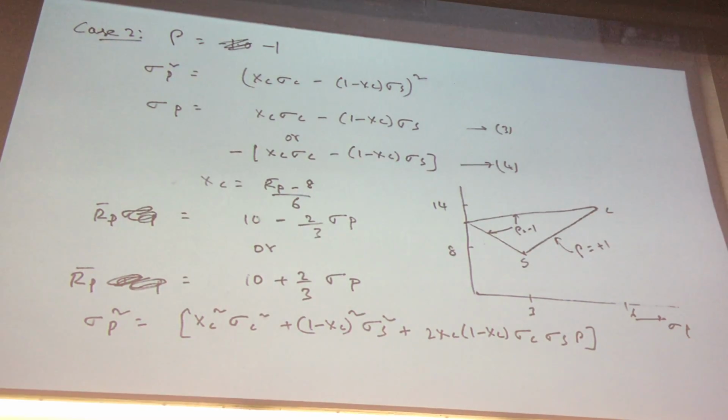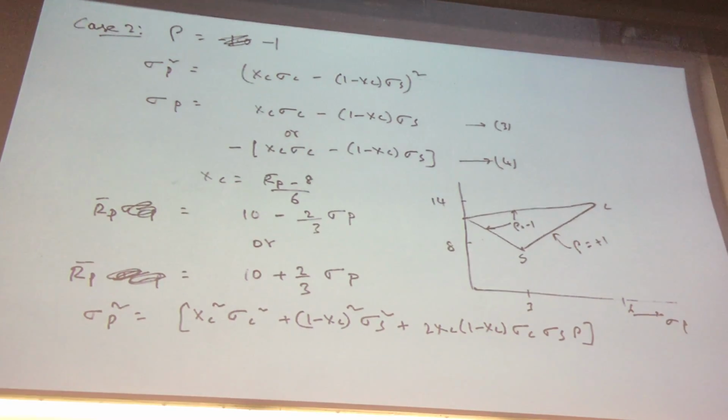Okay. Now ask yourself the following simple question. For the given weights, for the given portfolio, when is sigma p square going to be maximum?